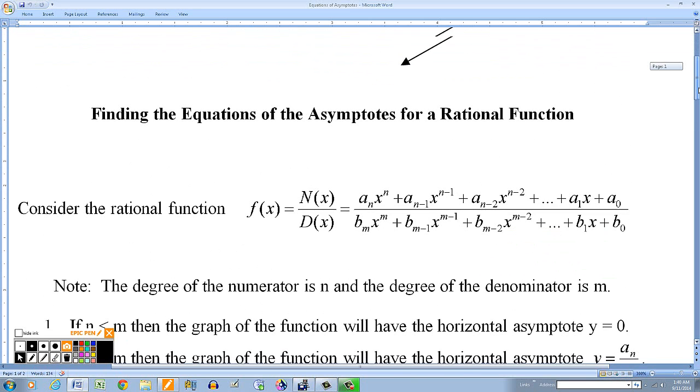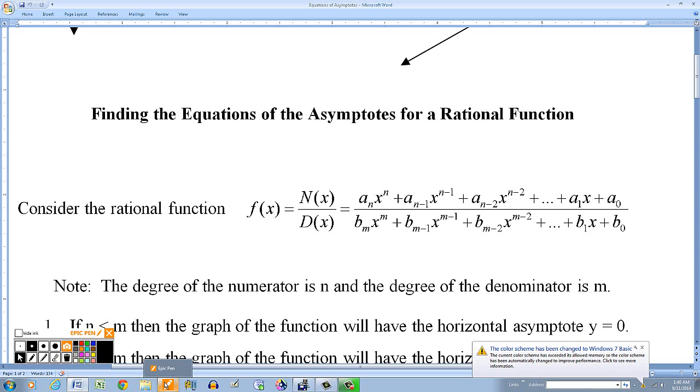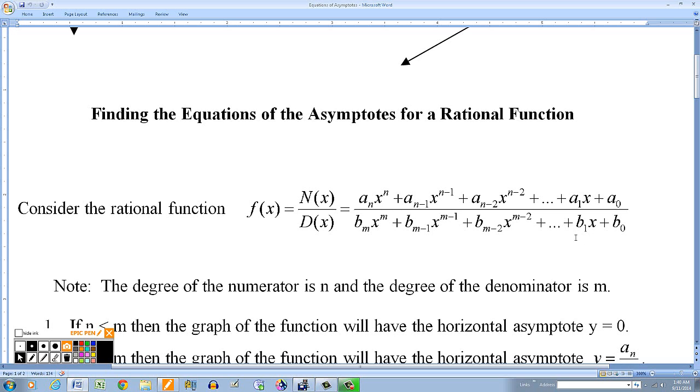at the definition here. We'll consider the rational function f of x equal to n of x over d of x. A rational function is basically a polynomial over a polynomial. In this case, the numerator n of x is equal to a sub n x to the n, plus a sub n minus 1 x to the n minus 1, and so on.